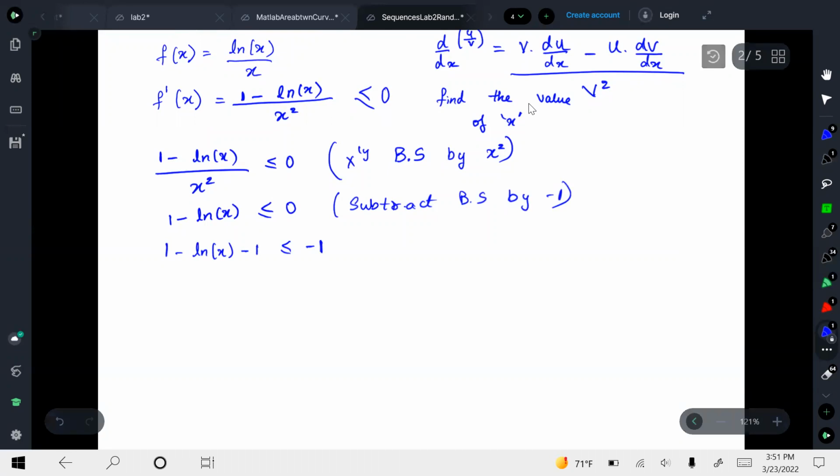So 1 minus 1 is 0, and I'll just skip that. Now I want you to tell me whether this is right or wrong. Do you think it is correct or not right?